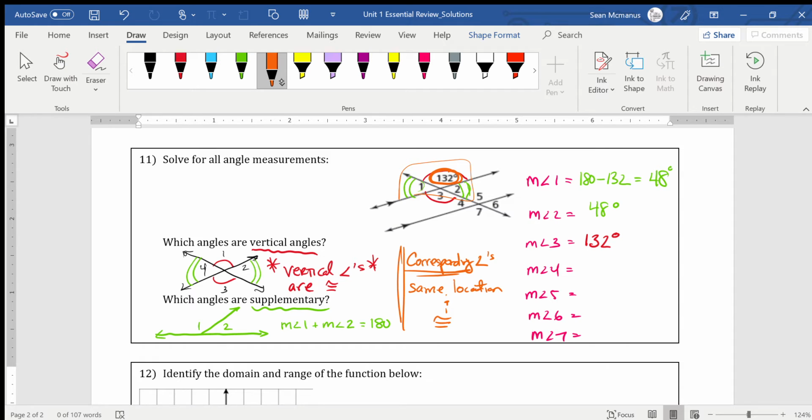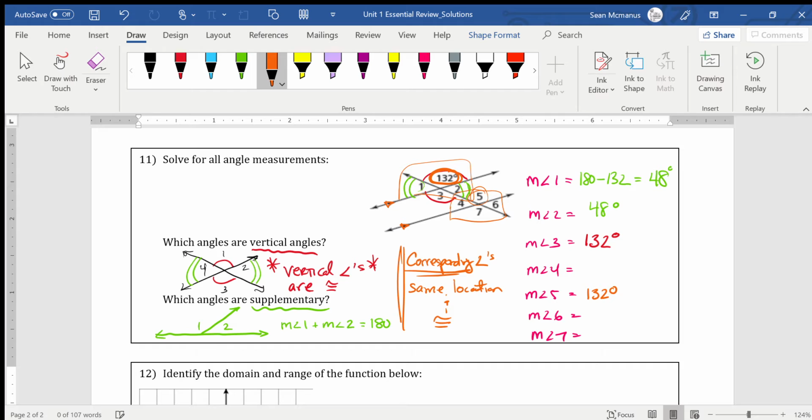If I go down to this bottom one, the top right corner is angle 5. So they're in the same location. As long as these lines are parallel, then the 132 angle and angle 5 are going to be equal, congruent. So angle 5 is 132 degrees.